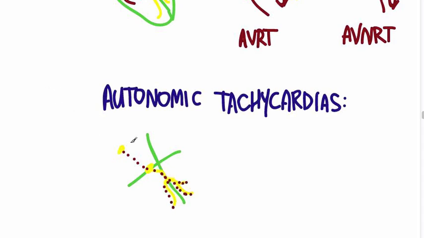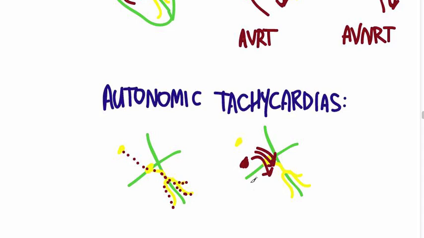And when this fired and caused the atria to depolarize, you would get your P wave, and then of course this would cause your QRS. But what if you had some other tissue acting as the pacemaker and causing signals to propagate through here, and it could happen fast?